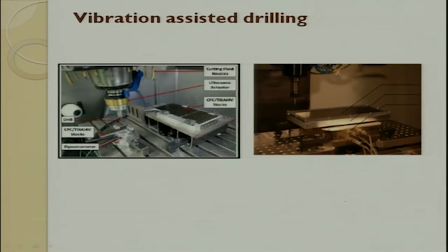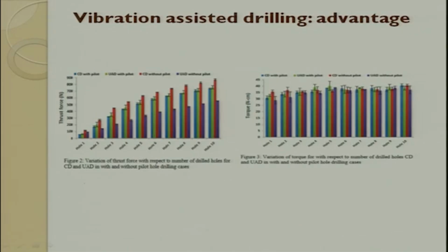As I was discussing in turning, people have also started using vibration assistance, where either the workpiece or the tool is vibrated, in ultrasonic frequency or a lower frequency. You can see the enhancement in performance. This is the thrust force for vibratory assisted and this is for non-vibratory assisted.